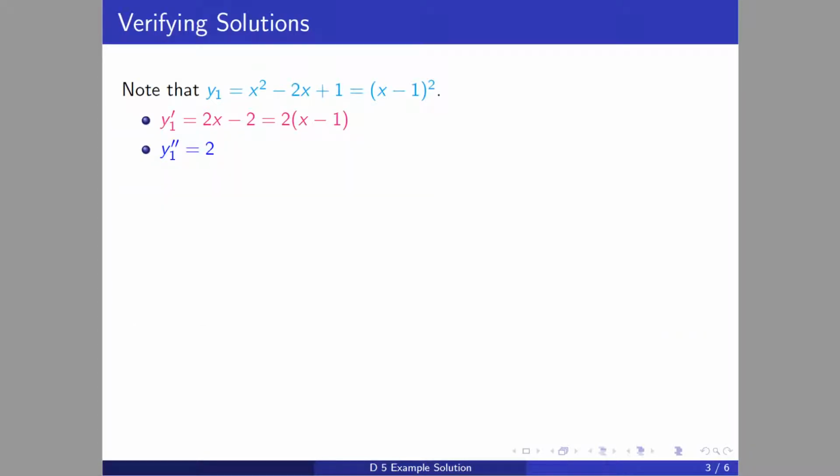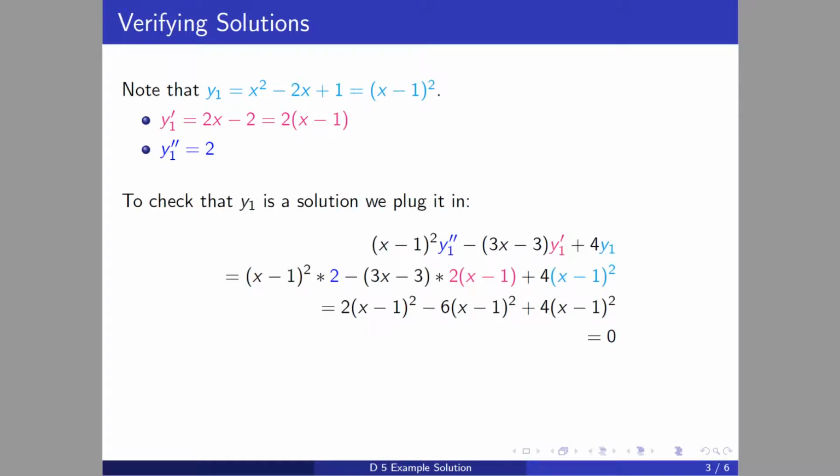So y1 is x squared minus 2x plus 1, which is (x minus 1) squared. Its first derivative is 2(x minus 1), and its second derivative is 2. Just plugging all of this in, we'll get (x minus 1) squared times 2 minus 3(x minus 1) times 2(x minus 1) plus 4 times (x minus 1) squared.